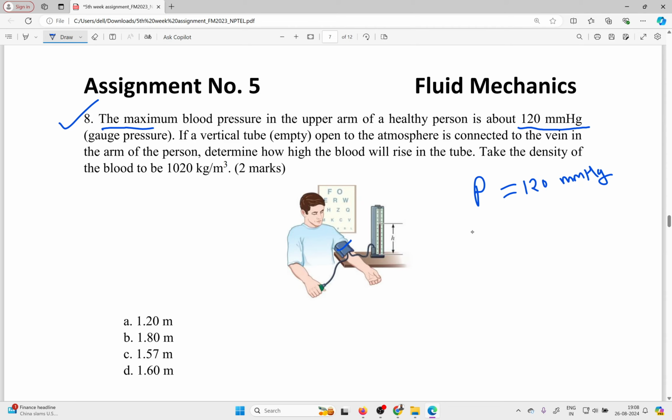So here you need to calculate the height rise in the tube. Take the density of blood, rho of blood, given as 1020 kg per meter cube.